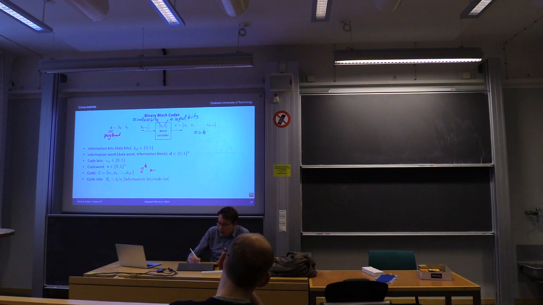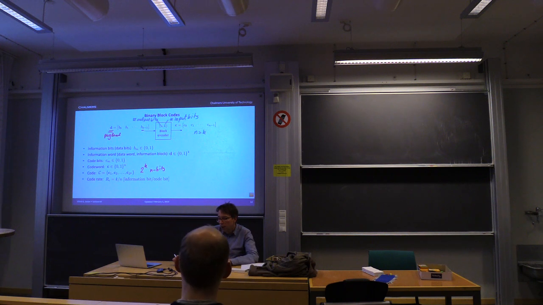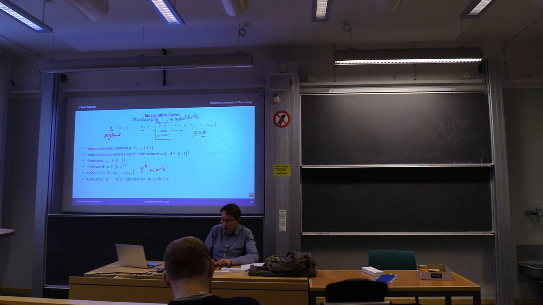And each of these patterns is n bits. Okay. So since n is greater than k, the code here does not contain all n-bit patterns, but only a select few of them. And that's actually crucial.